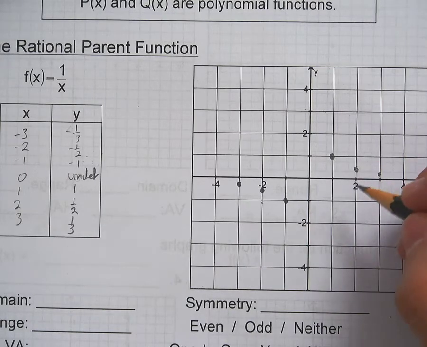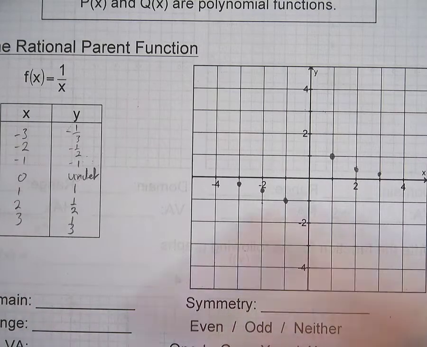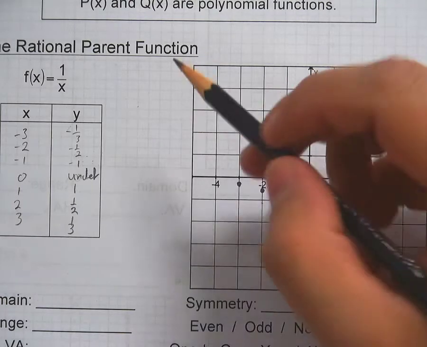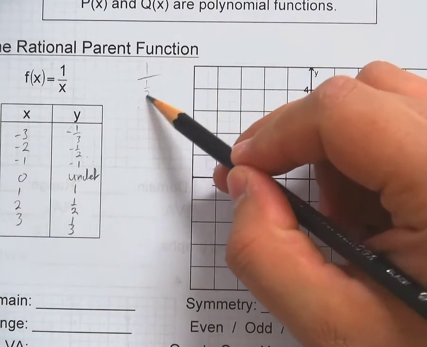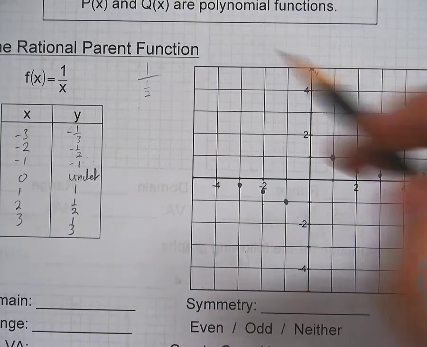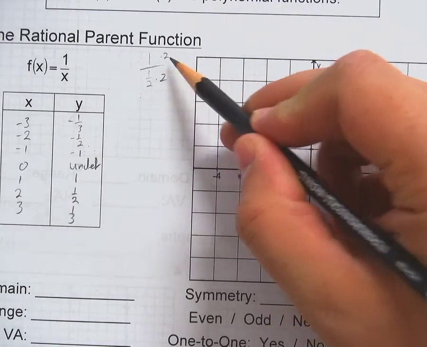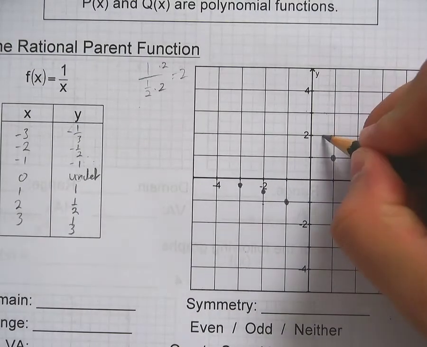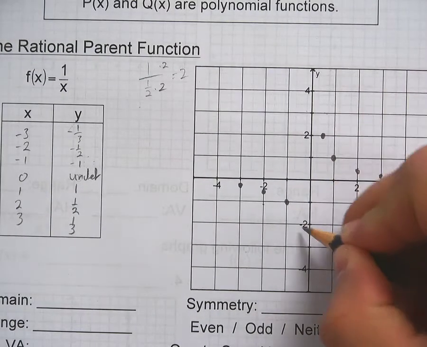And at 0, you get this weird kind of thing that happens. It becomes undefined. Well, to get an idea of what's happening right around 0, what happens if you put a 1/2 in? 1 over 1/2, you'd multiply by 2 and end up with 2. So 1/2 gives 2, and -1/2 would give -2.